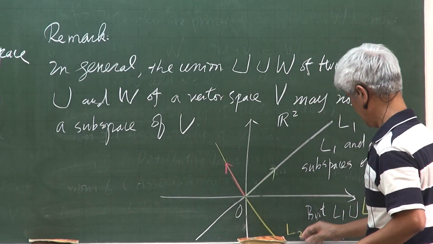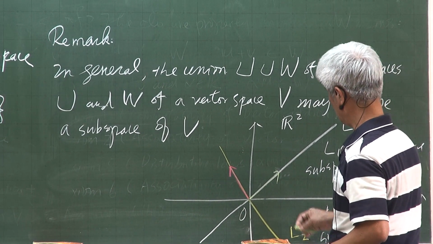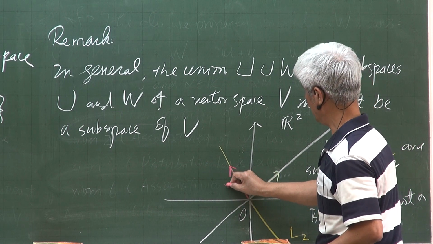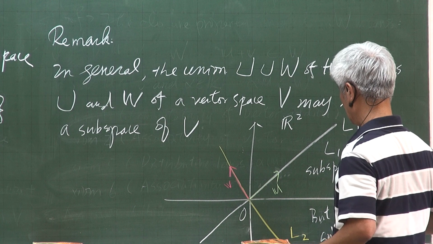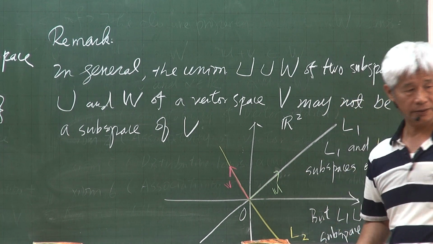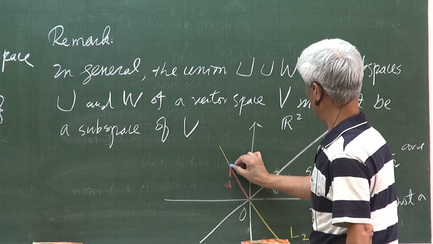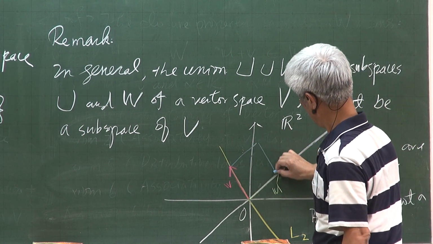So this is u, and this one is v, and the sum is here.